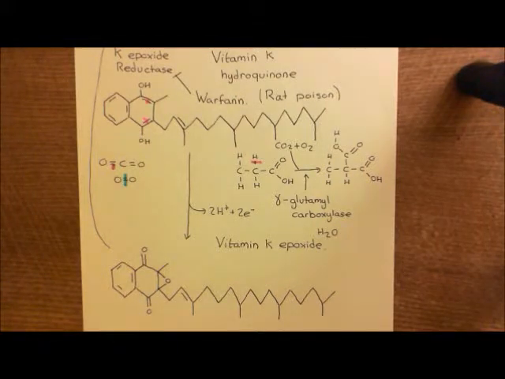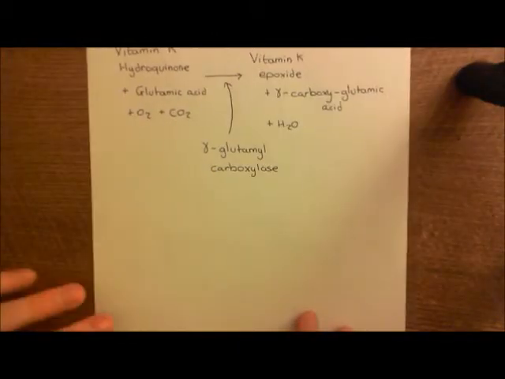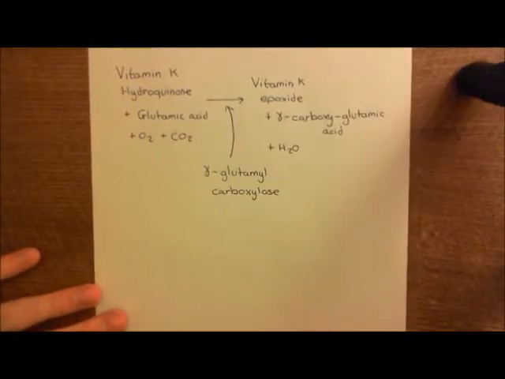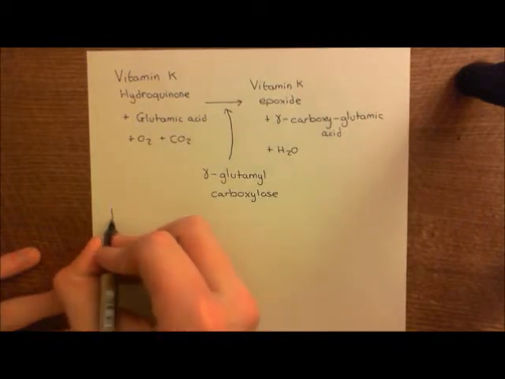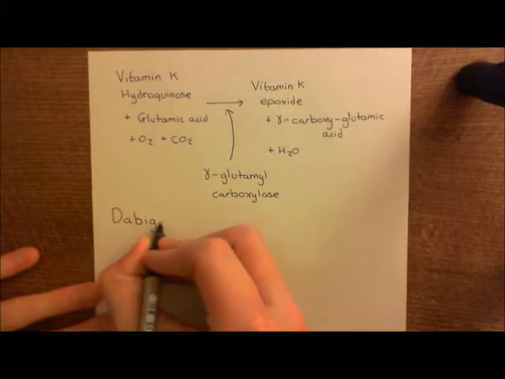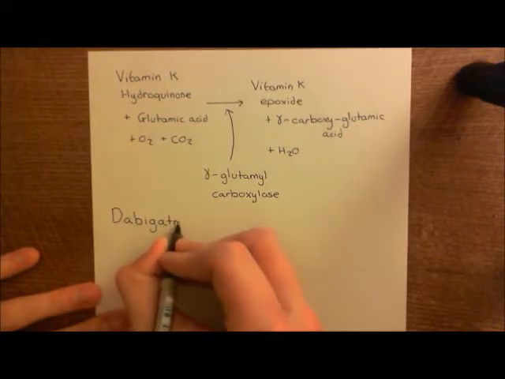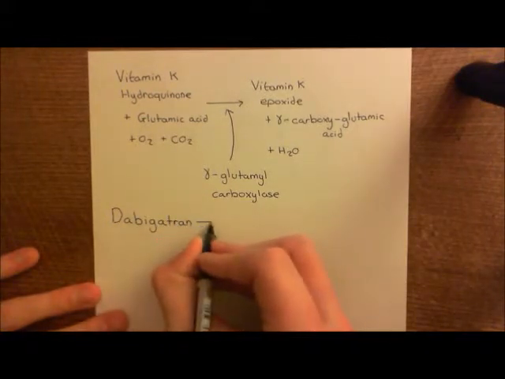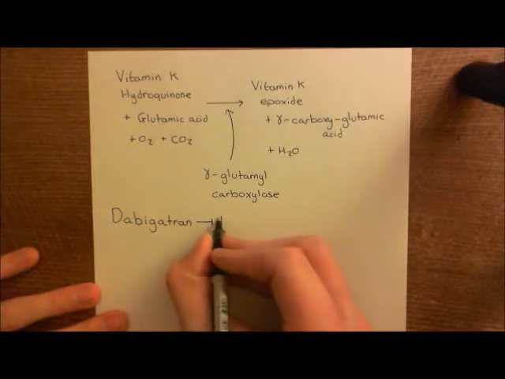Okay, right, so two final anticoagulative drugs that I want to discuss. The first is a drug known as dabigatran, okay, so dabigatran. Dabigatran is a drug which is capable of inhibiting thrombin, so it's a direct thrombin inhibitor.